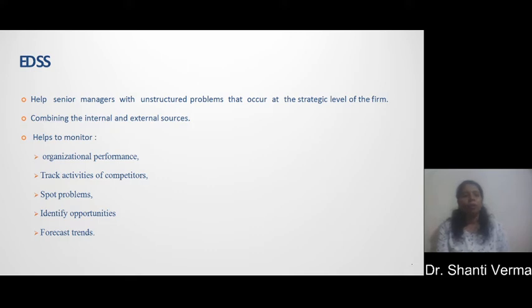It also combines internal and external sources of information. EDSS also helps to monitor organizational performance, track activities of the competitors, spot problems, identify opportunities, and forecast the trends of the organization.